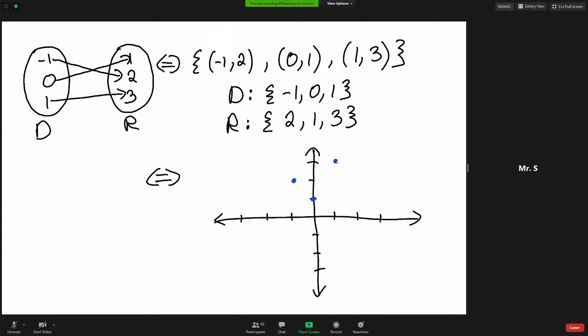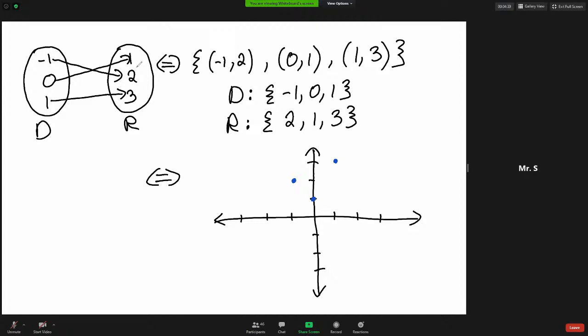There is also going to be another representation, but we can't really use it here because our domain and range are finite. There are only 3 elements in each one. But if we have infinitely many elements, then oftentimes we will use equations, or not just plotted points, but actual graphs, smooth curves, to represent these relations.